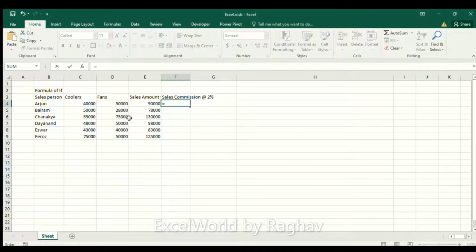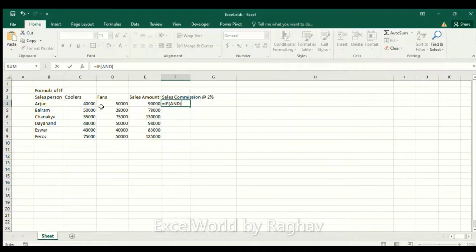Type equals IF, press tab and use AND. This is nothing but a nested function. Whenever there is a function within the bracket, that is called a nested function. Then tab.